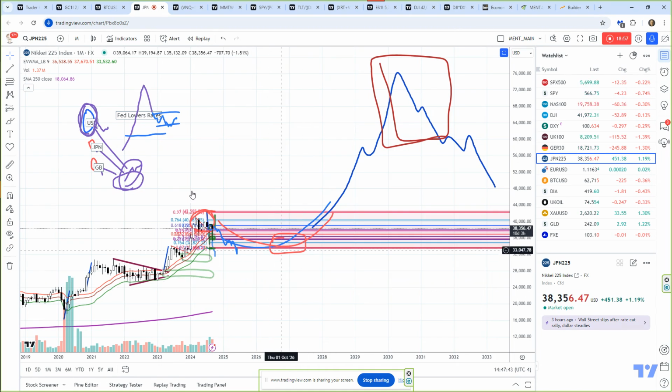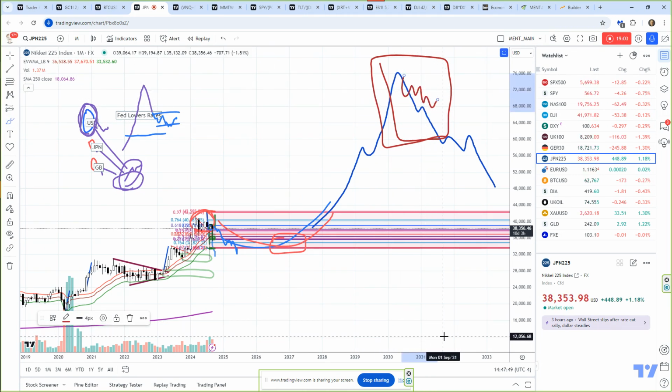And that puts us right over here in this area. This becomes the early stage crisis event. It could happen somewhere over in this area. Don't know exactly where. I'm guessing 2031, 32, 33.